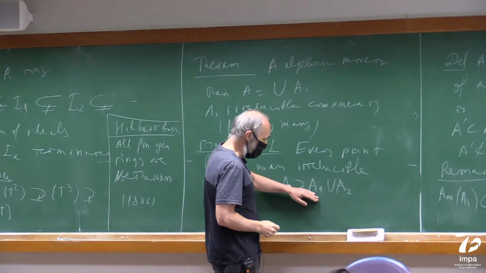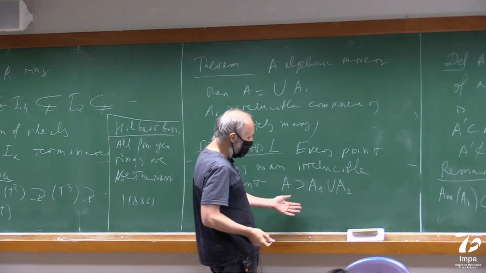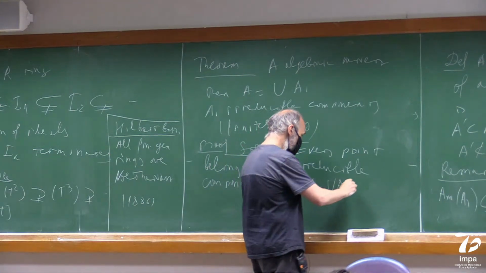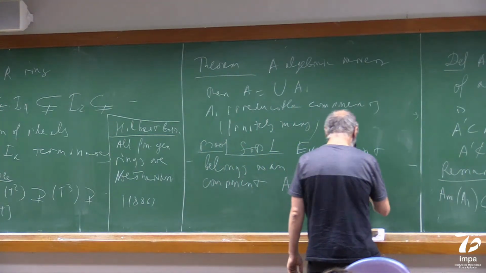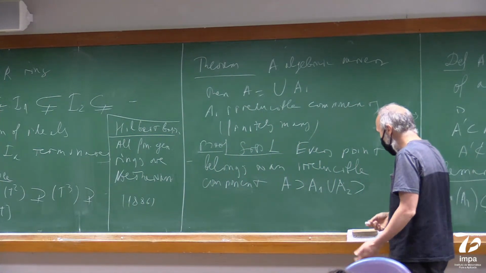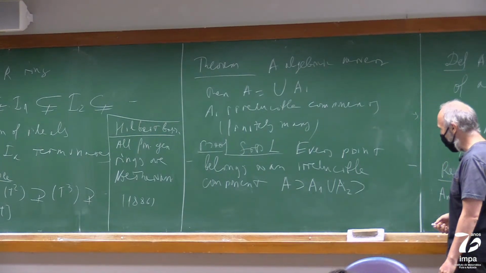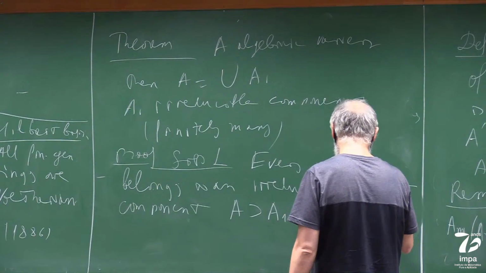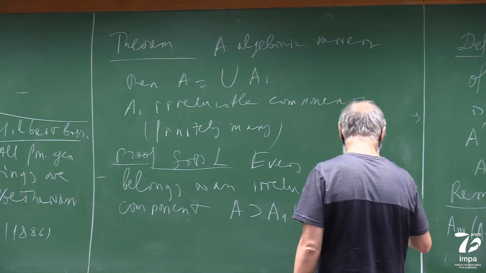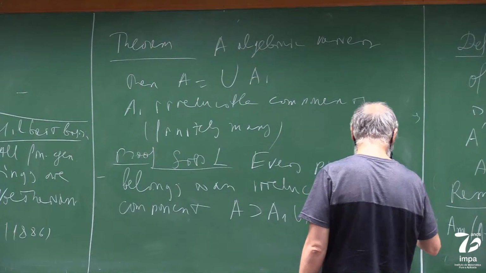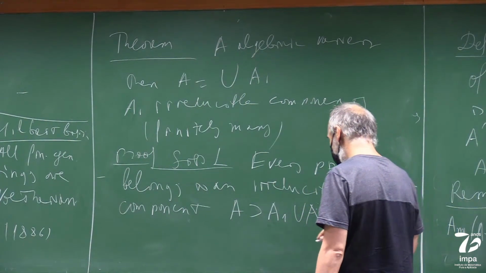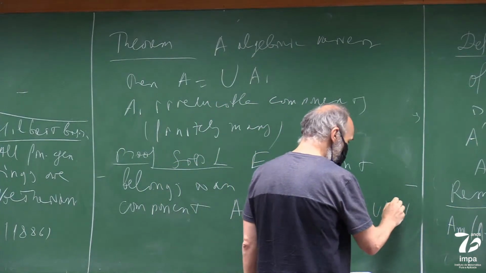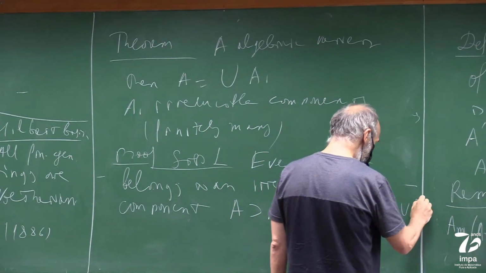Well, one of them definitely contains the point. If it's irreducible, it's already decomposed. So this contains A1 union with A2 union with, well, A1 prime, A2 prime, A3 prime, and so on.